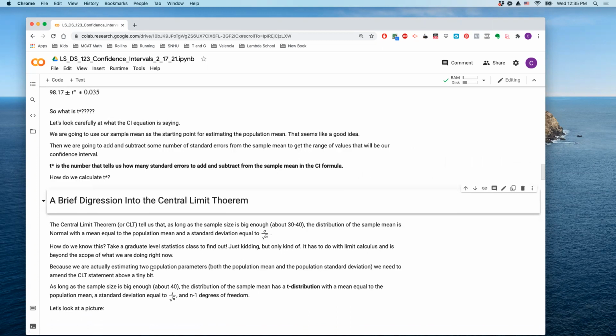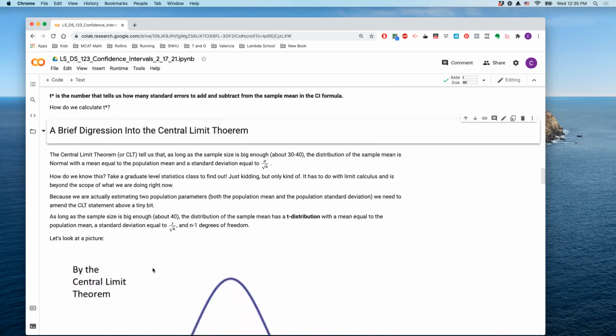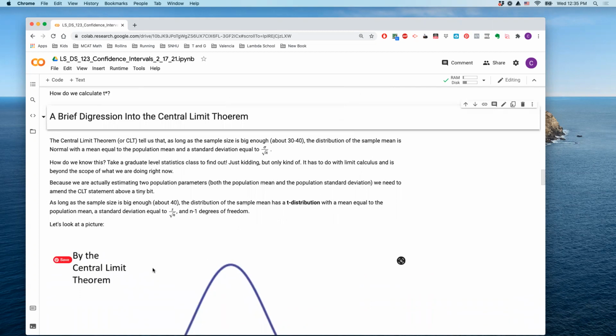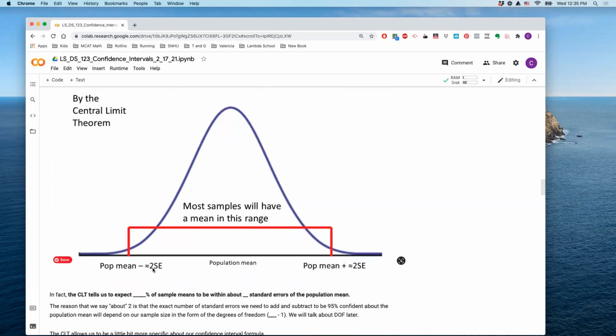So, okay, how many standard errors do we want to add and subtract on either side? Well, this is going to require us to go back and look at the central limit theorem again. So here's our central limit theorem picture.